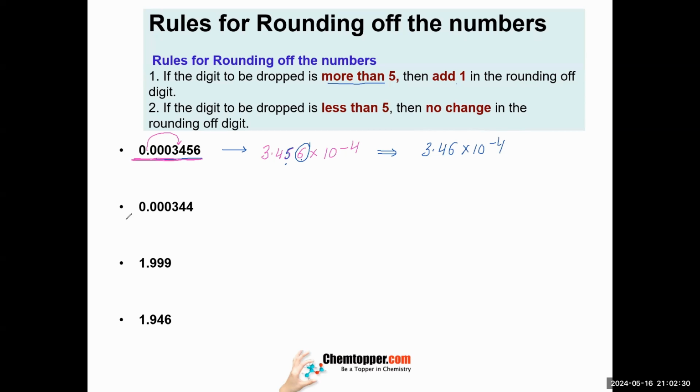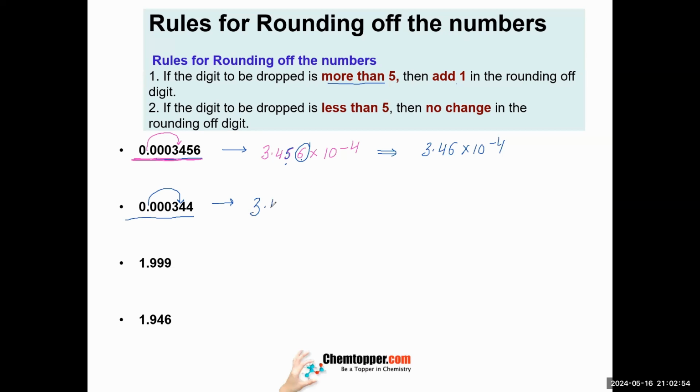3.46. Check this number. Let's say I want to round off this number up to 2 digits. So first I'm going to put it in scientific notation. Move your decimal after 3. It's a small number, very small number. So how many places have I moved to the right side? 1, 2, 3, 4.